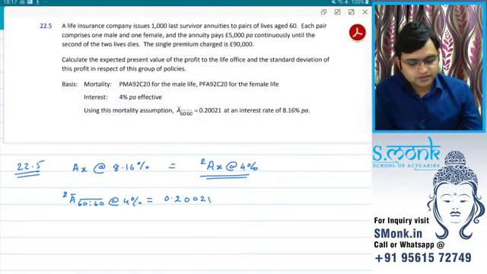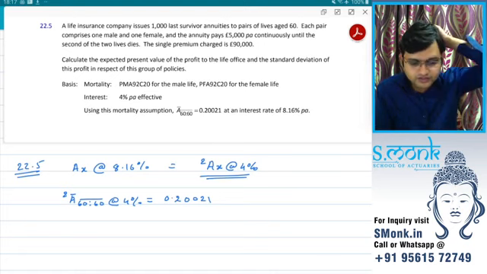So now let's calculate our value. So we have 1,000 policies, last survivor annuities to pairs of lives aged 60. Each pair comprises one male, one female and pays the annuity 5,000 per annum continuously until the second life dies.